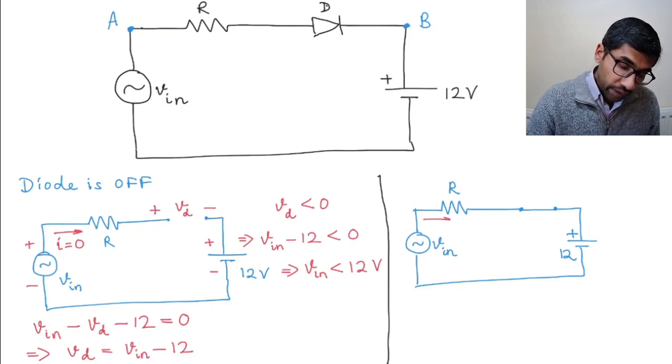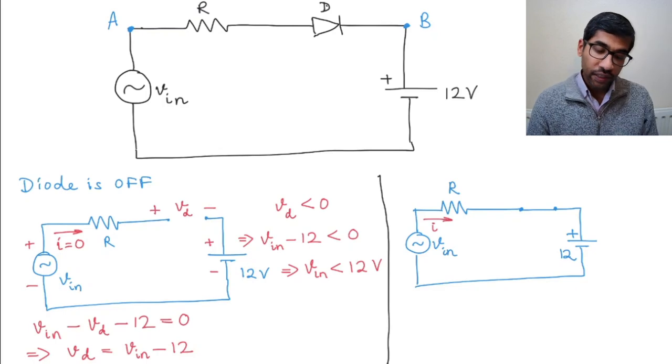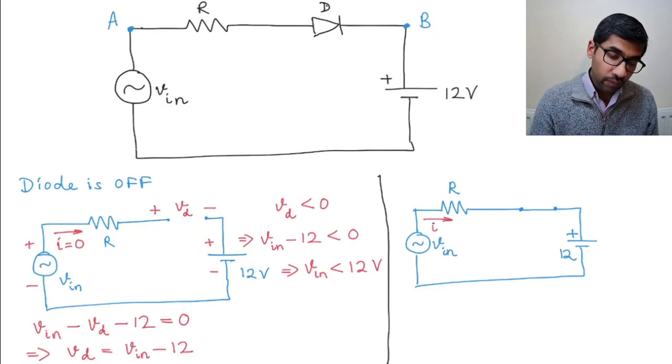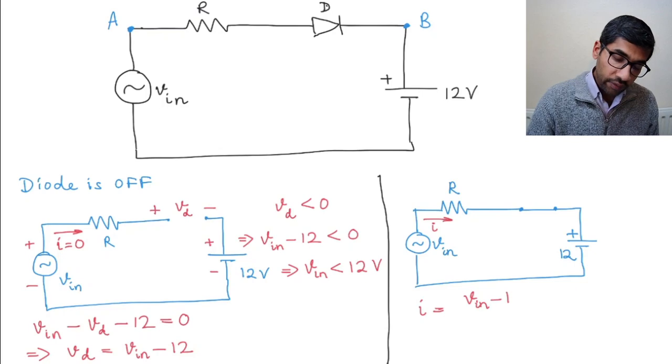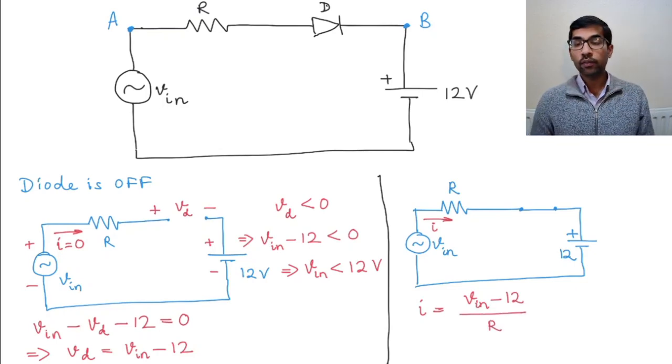So this is the current I, and we can see what's the voltage across the resistance. The voltage here is Vin, and the voltage here is 12. So the current is given by I equal to (Vin minus 12) over R. So that is what is going to be the current.